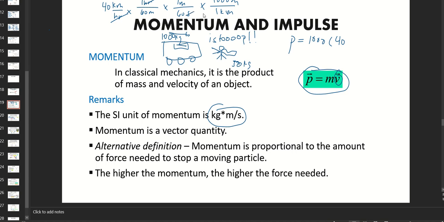Walang cancel sa S. Ganyan talaga, para sigurado ako. So, may iwan na lang ay seconds and meter. So, meter per second, tama? That's basically 60 times 60 is 3,600. So, 40 times 1,000 divided by 3,600 is basically 11.11 meters per second. Yan yung velocity ko. So, bura natin to.